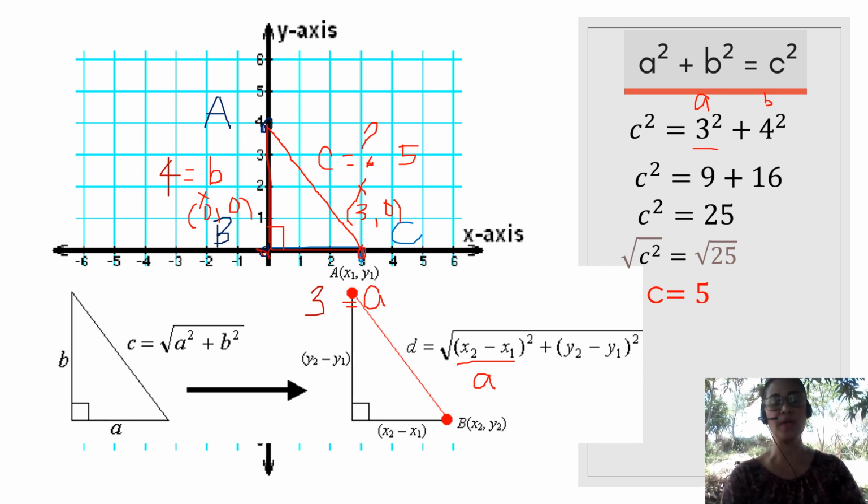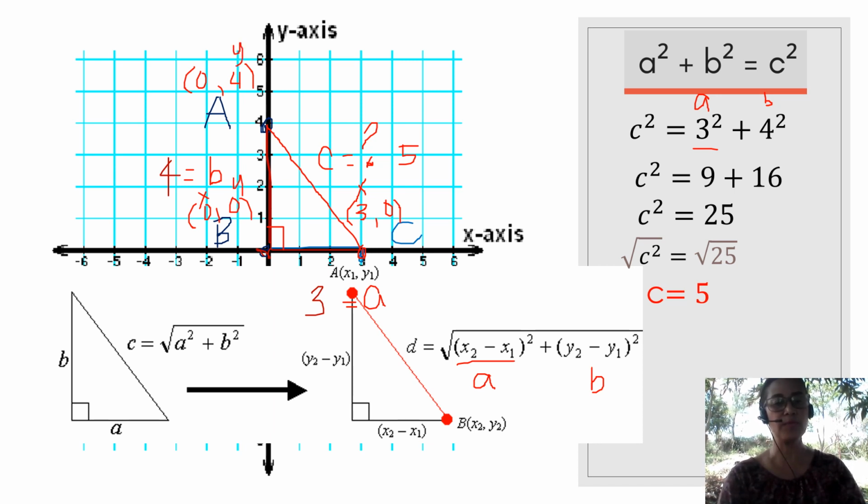Now, same thing with y sub 2 minus y sub 1. It is represented by B because if you notice here, point A has a coordinate of 0, 4, and then point B has a coordinate of 0, comma 0. Notice that you simply subtract the y's.